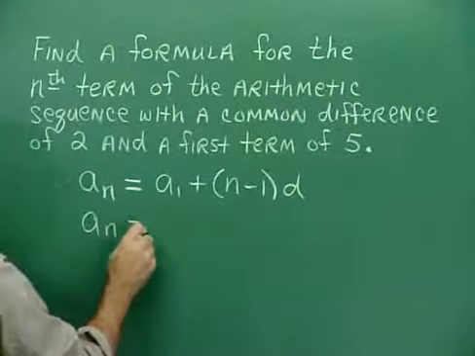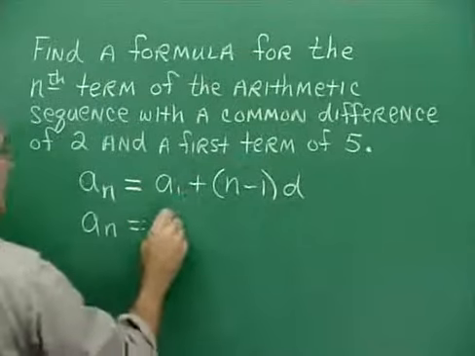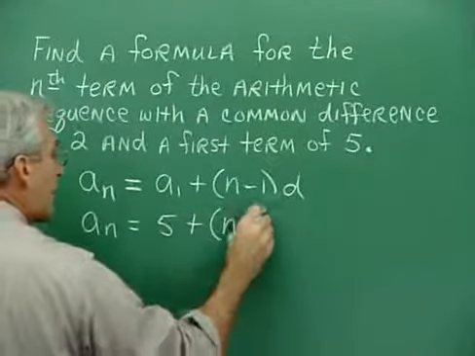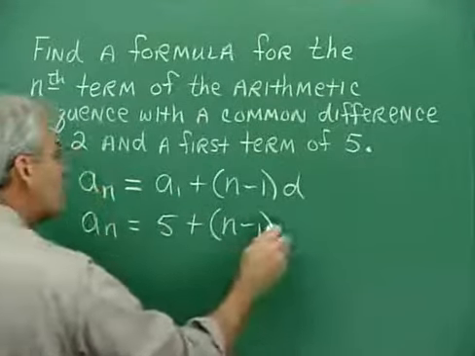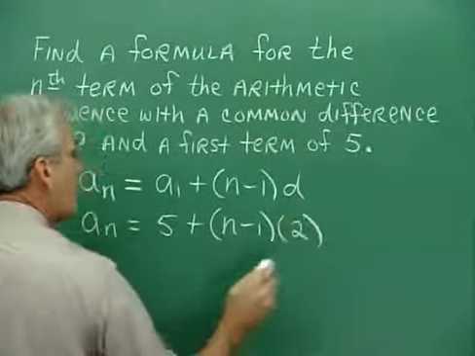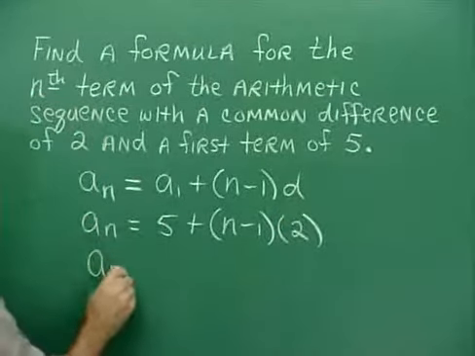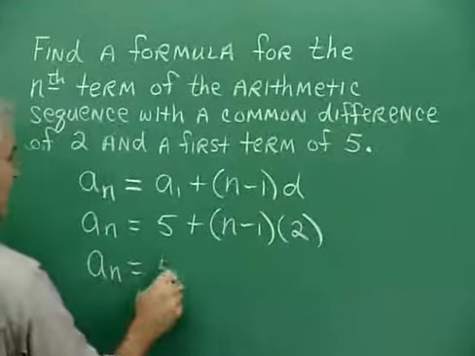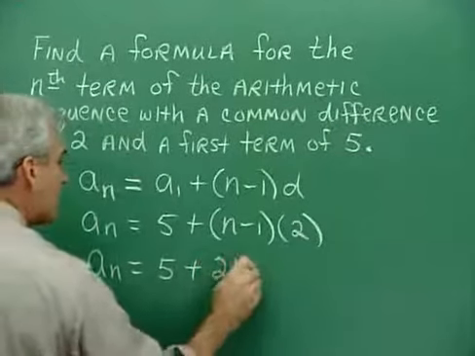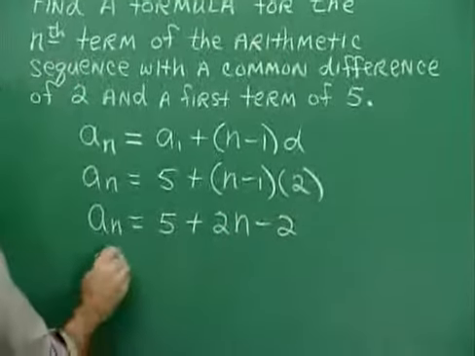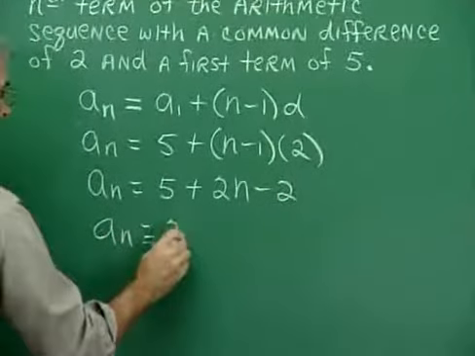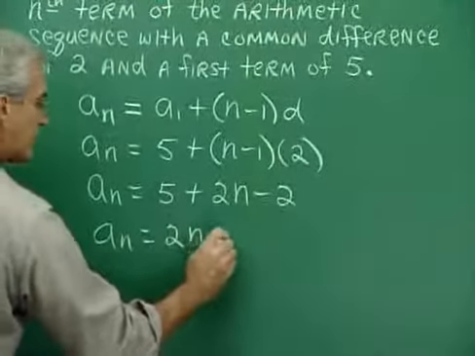We know that the first term is given as 5, and the common difference is given as 2. And then we just simplify the expression. We have 5 plus 2n minus 2. And collecting constants on the right, the expression is 2n plus 3.